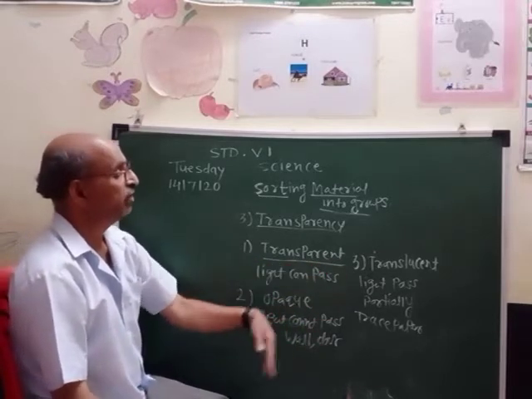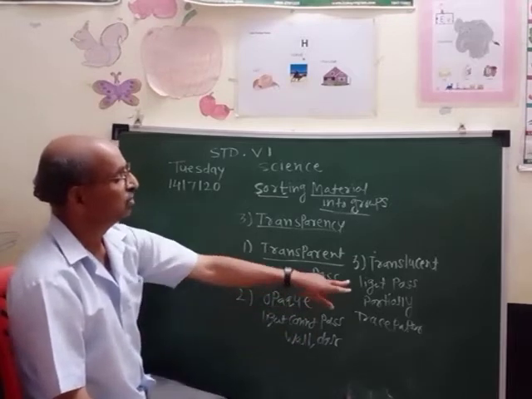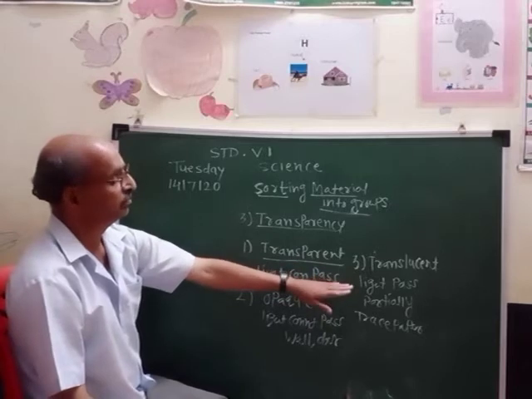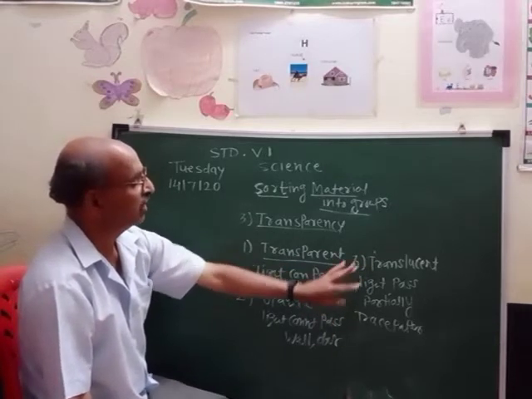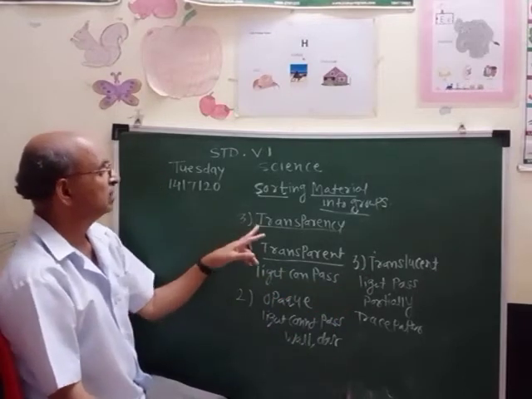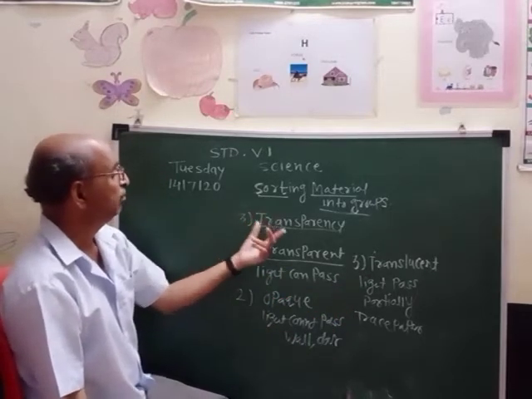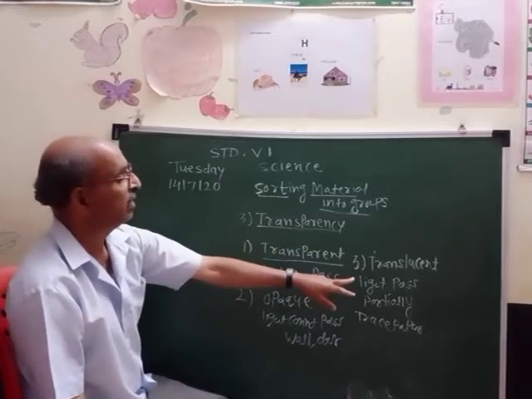The material which allows light to pass partially, not completely, so we cannot see the object clearly from the other side, is called translucent. An example is trace paper. So on this transparency we can make groups of material: transparent, opaque and translucent.